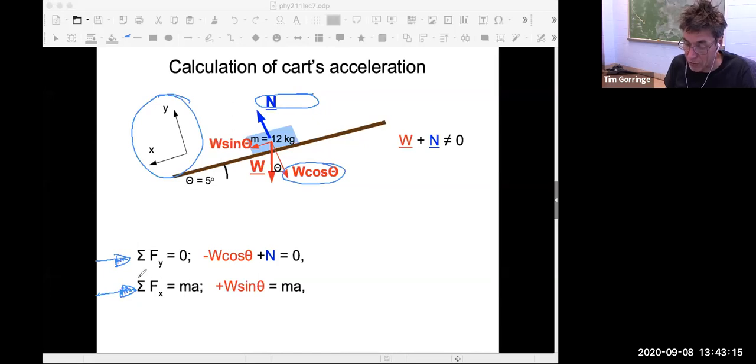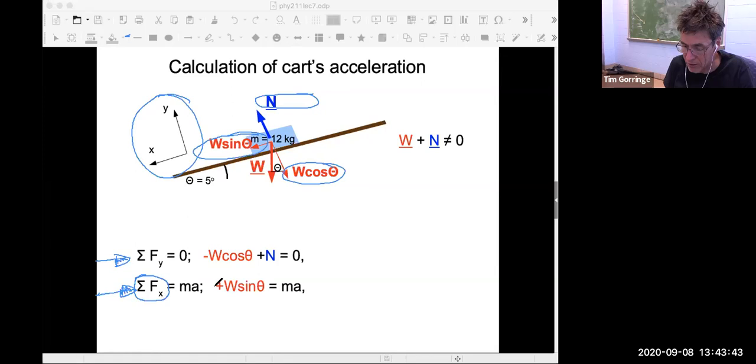All I got to do is fill in the sum of the forces in the x direction. And the sum of the forces in the x direction, well, look, normal's not in the x direction. Gravity has a portion in the x direction. There's a portion of it that's perpendicular to the x direction, so that doesn't count. What we want is the only force component that's acting in the x direction.